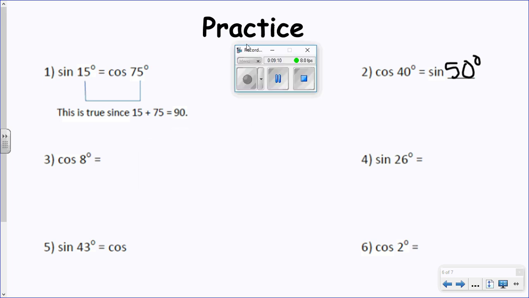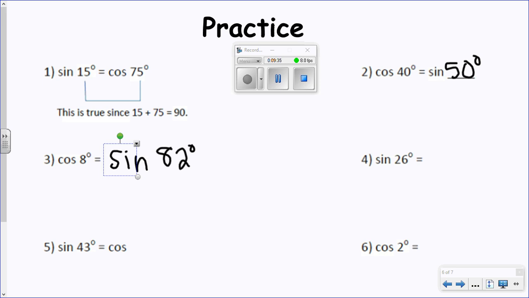So now let's try this one. For example 3, we have the cosine of 8 is going to be equal to the sine of what? We need the complement of 8, which is 90 minus 8, which is 82 degrees. So these values will be equal to each other.